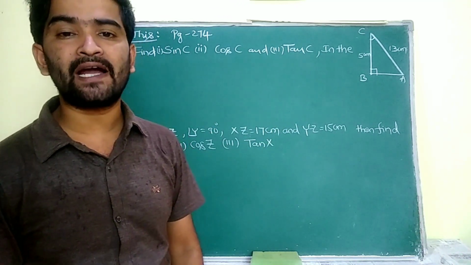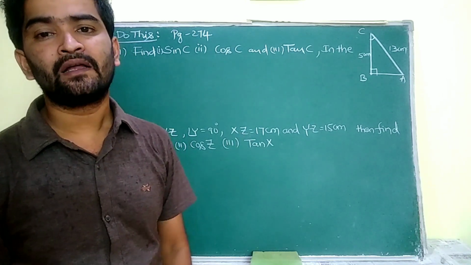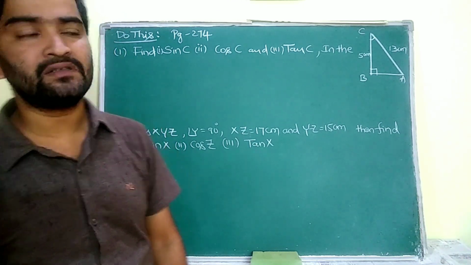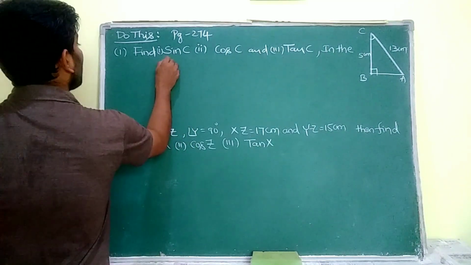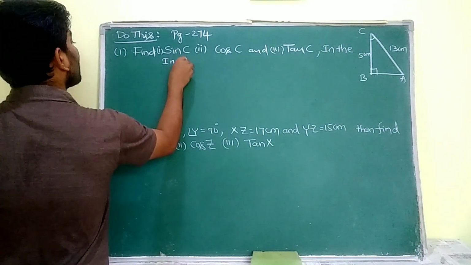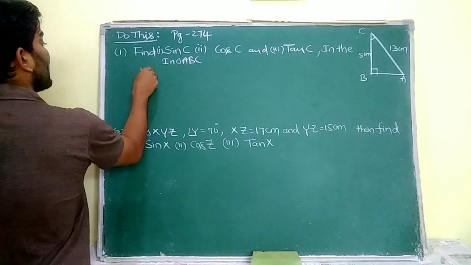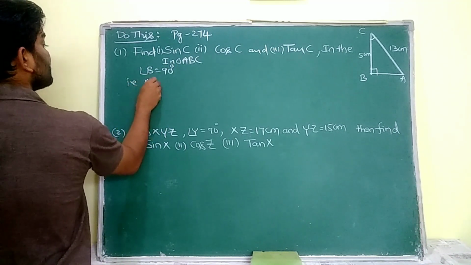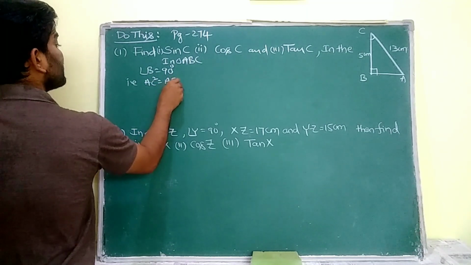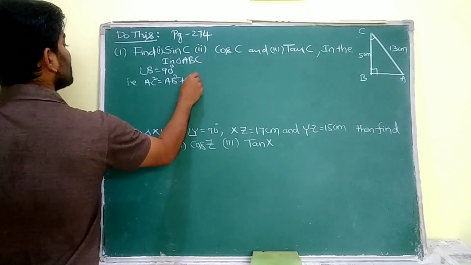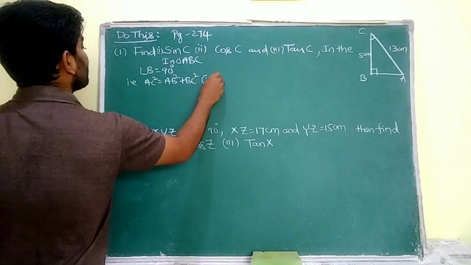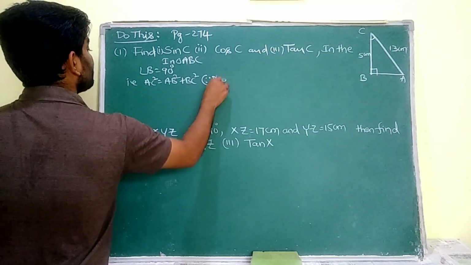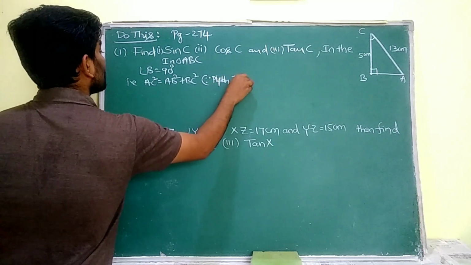Else, if you want to calculate it using the actual procedure, then in triangle ABC, angle B is equal to 90 degrees. That is, AC square is equal to AB square plus BC square, by the Pythagoras theorem.